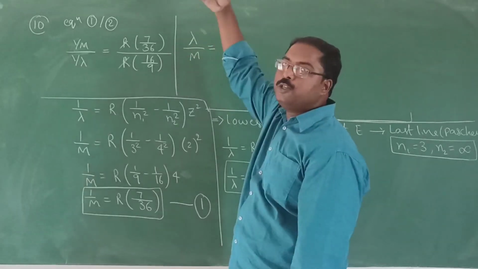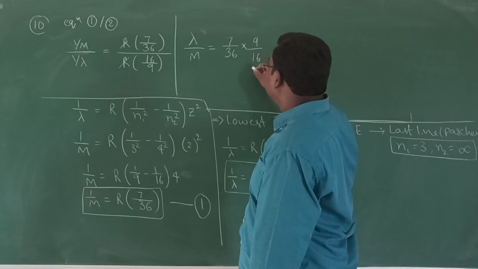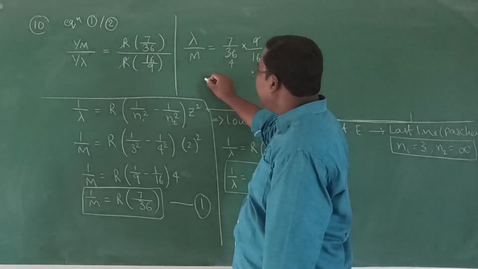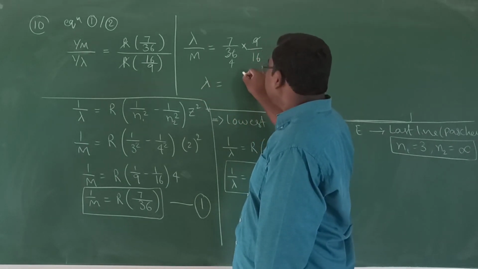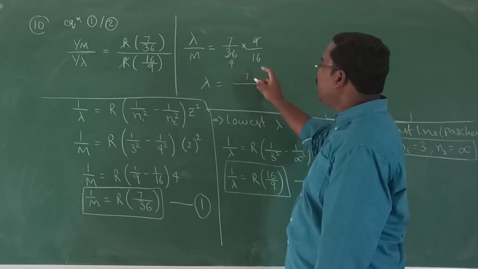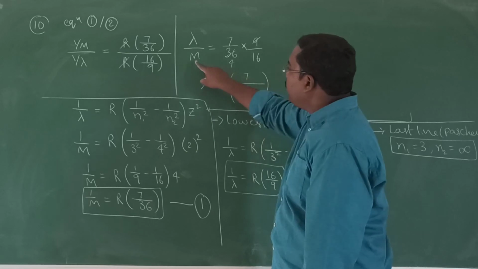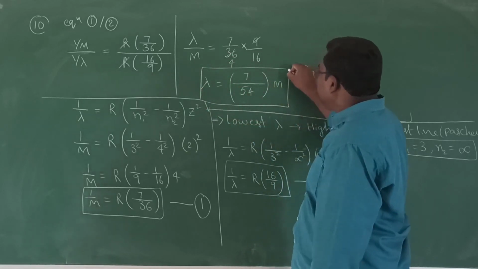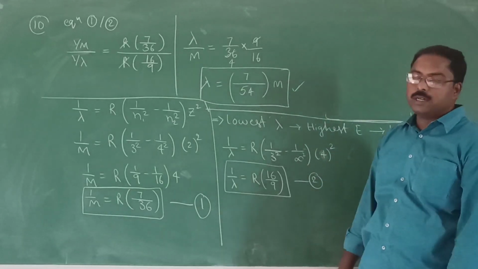The 9 by 16, when it comes to the numerator, becomes inverted. So 9 cancels 4 times. Finally lambda is equal to what is left in the numerator, 7 divided by 4 into 16, which is 64, times M. So this is the option we should choose for this question.